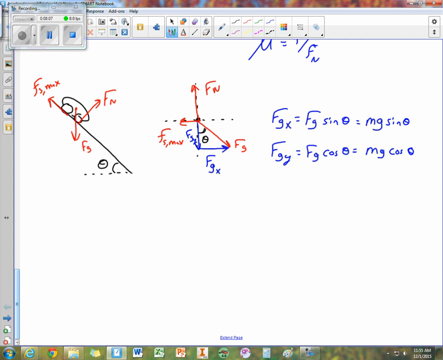Now, to help us answer this, what is the maximum that theta can be?